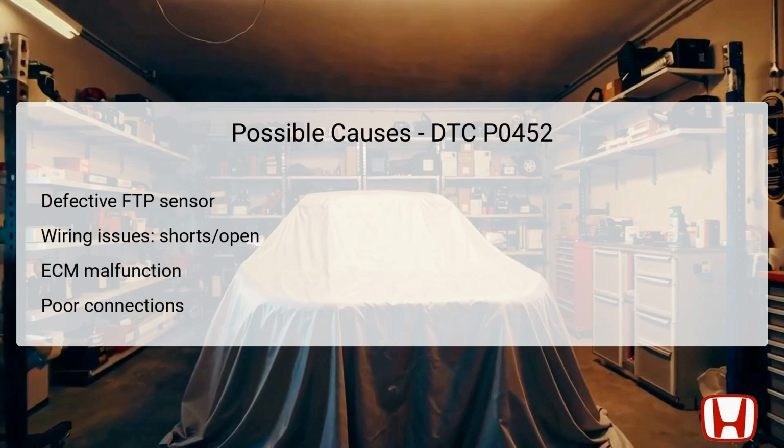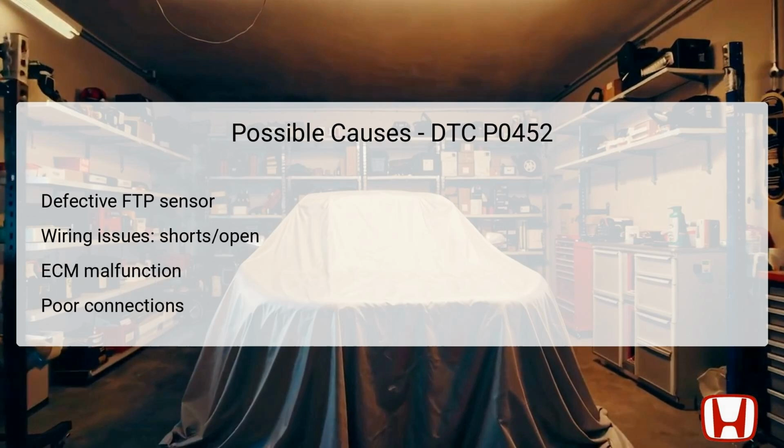Malfunctions within the ECM itself can also manifest as erroneous readings from the sensor, although this is less common. Lastly, poor connections due to corrosion, wear, or loose terminals can hinder the electrical flow, resulting in inaccurate voltage levels. Diagnosing the exact cause requires careful examination of each component and its connections.